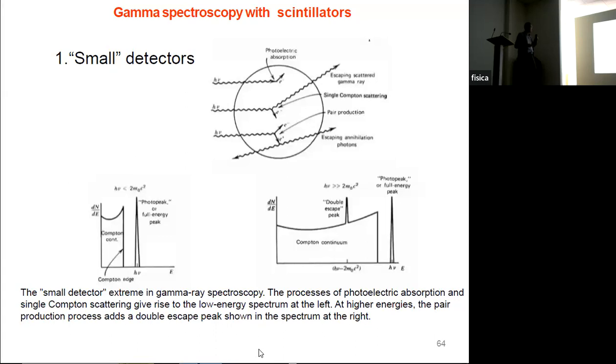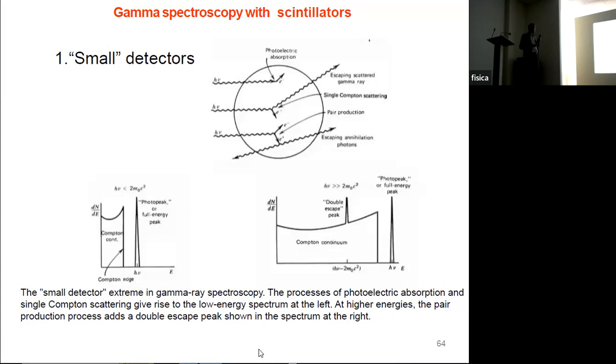This is a scintillation detector, and now we are considering different options which we can use. For example, we can have a very small detector, and as you know, the volume of material strongly defines your ability to detect ionizing radiation. The same thing holds for gamma rays.